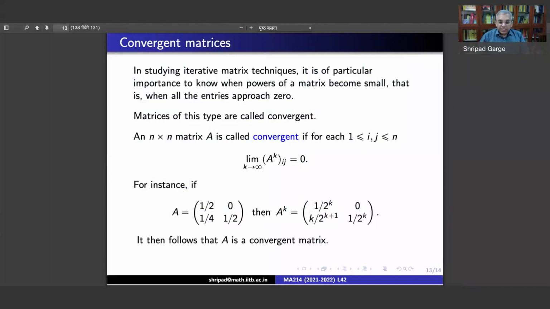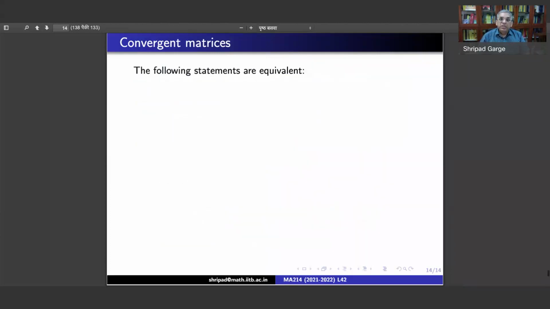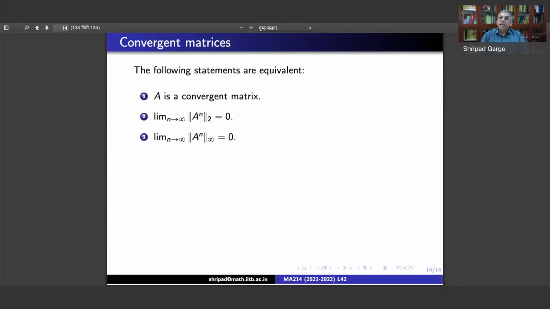Convergent matrices have some very important and interesting properties, which is the last slide of this lecture. The following statements are equivalent. A is a convergent matrix if and only if the L2 norm of A power n goes to 0, if and only if the L infinity norm of A power n goes to 0, if and only if the spectral radius is less than 1.